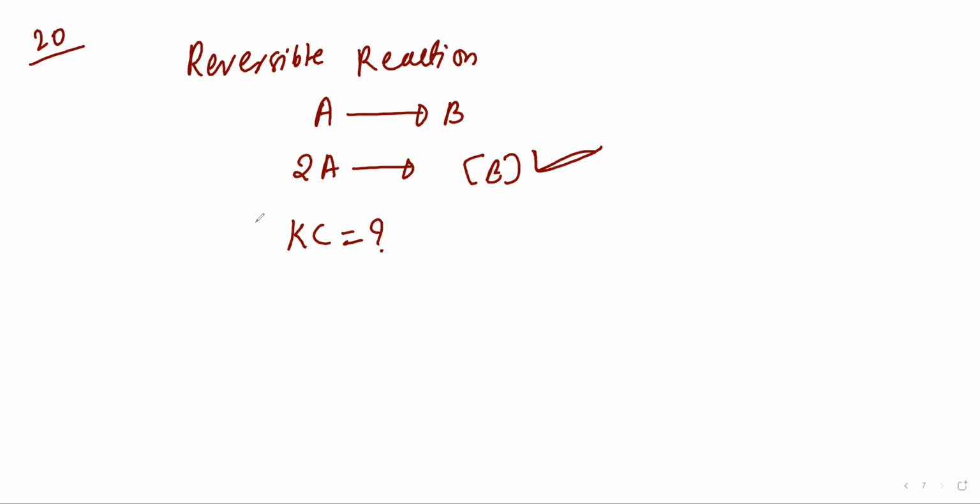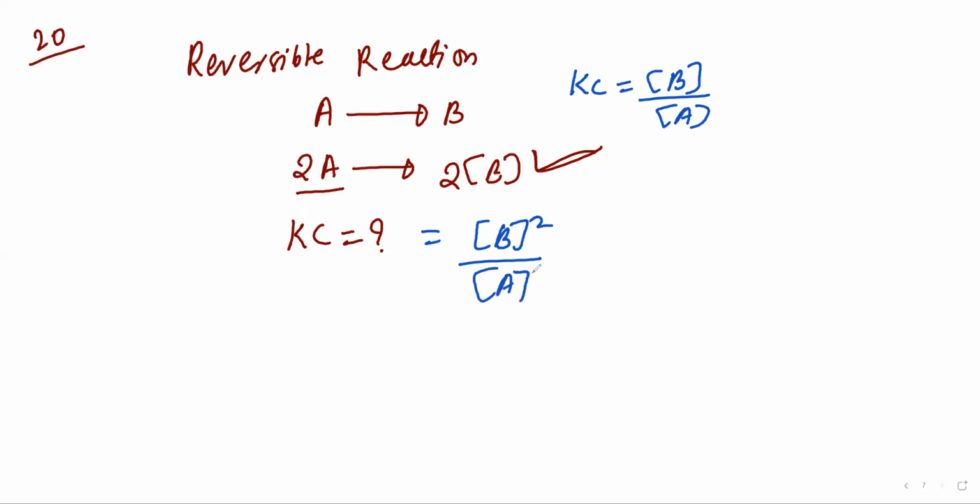So it will be the same. Why? Because the concentration will be written like this. If A is doubled, B will also become double, right? Because they are directly proportional. So at first the equilibrium constant will be concentration of B divided by concentration of A. After doubling, it will become concentration of B raised to 2 divided by concentration of A raised to 2.